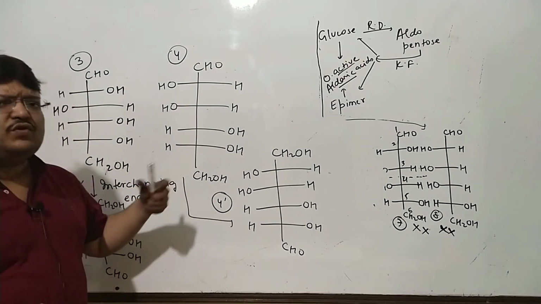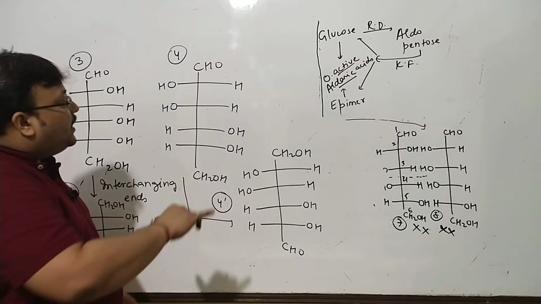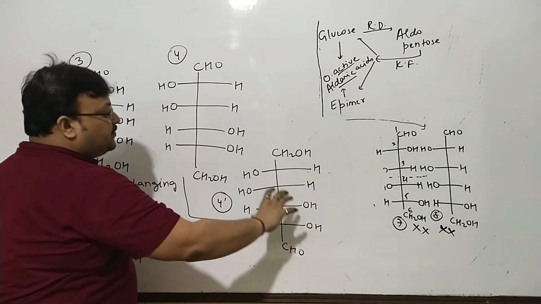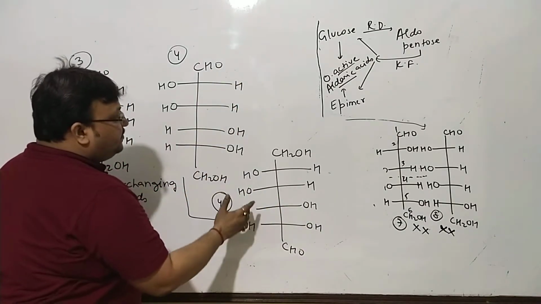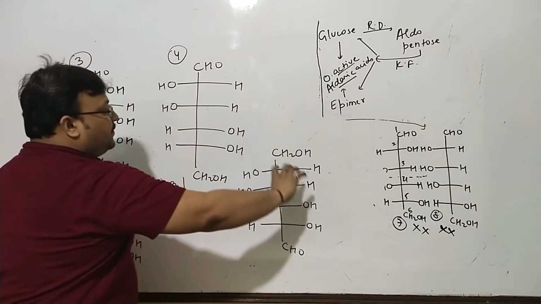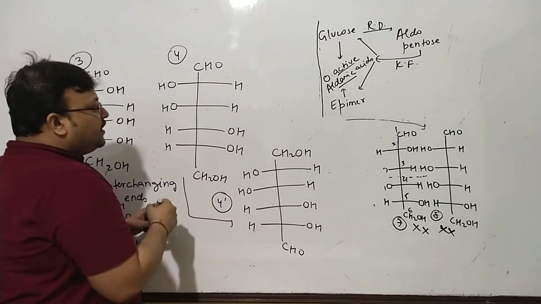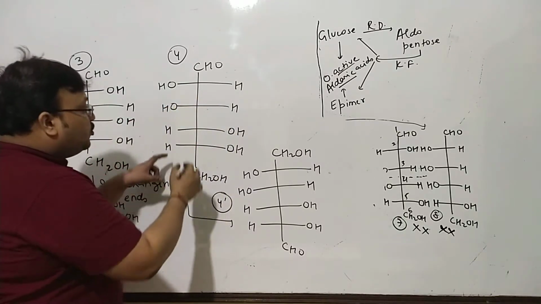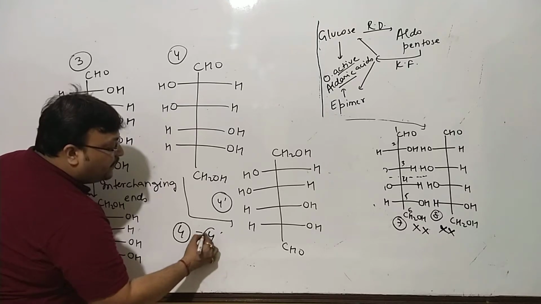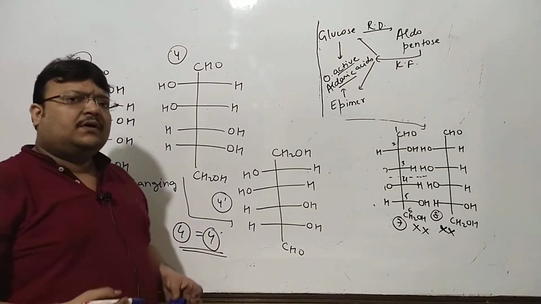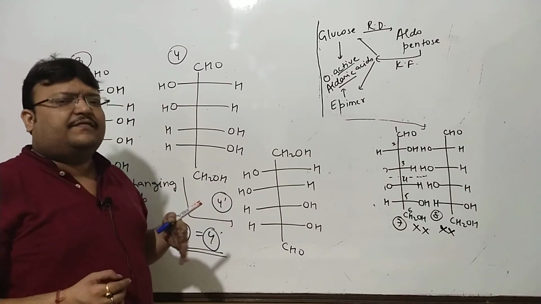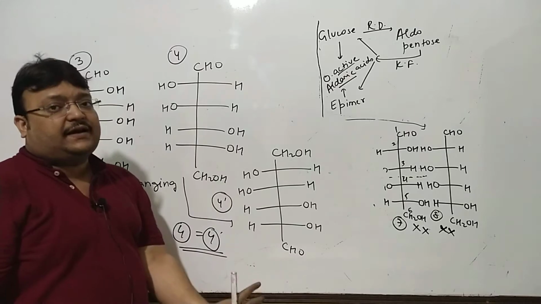Once you do that, and you are allowed this rotation, these two OH will come here, CHO will come down, and CH2OH will go up. This is about rotating it on the plane of the board. So 4 and 4 prime are identical. So with a structure like 4, interchanging the ends will give you the same compound with the same optical activity.